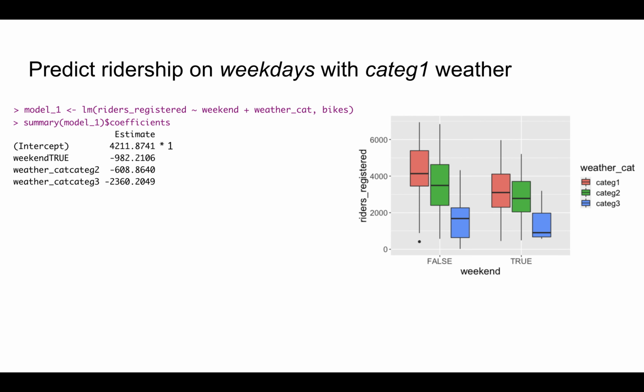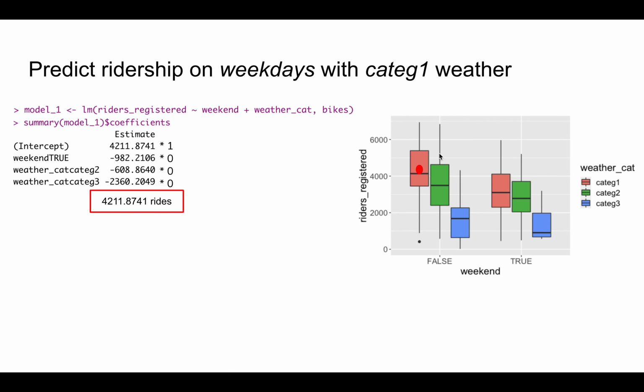Then, since we're interested in predicting ridership on weekdays, we plug 0 in for the weekend true coefficient, or variable. Similarly, since we're interested in category 1 weather, we set the category 2 and 3 variables to 0. The resulting prediction, the sum of these pieces here, is roughly 4,212 riders. This prediction is represented by the red dot at right.